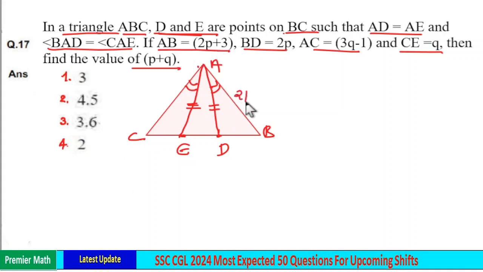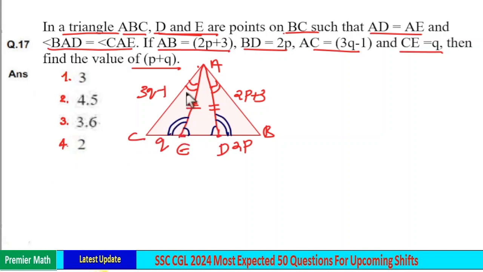Now AB is 2P plus 3, BD is 2P, and AC is 3Q minus 1, CE is Q. Here you can see these two sides are equal means these two angles are also equal, which means these two angles are also equal. That is, this angle is equal to 180 minus this one. Here also this angle is equal to 180 minus this one.